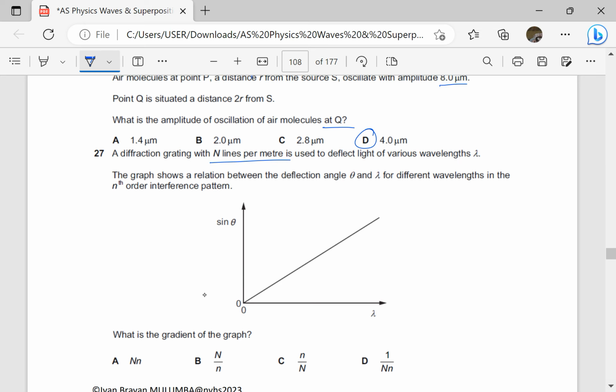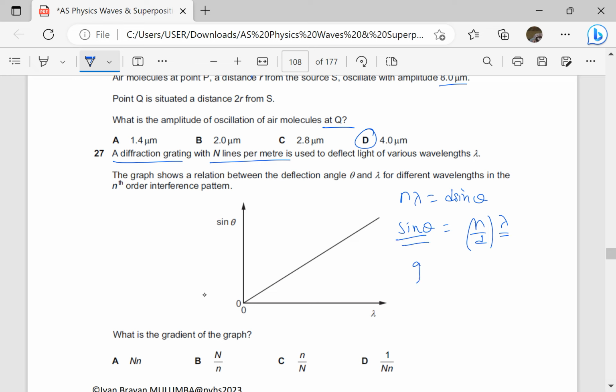So for a diffraction grating, we know that n times lambda is equal to d sine theta. So making sine theta the subject, sine theta is equal to n over d times lambda. So they have plotted a graph of sine theta against lambda.